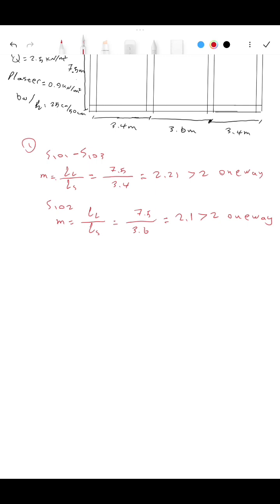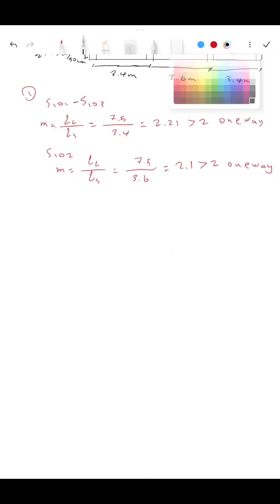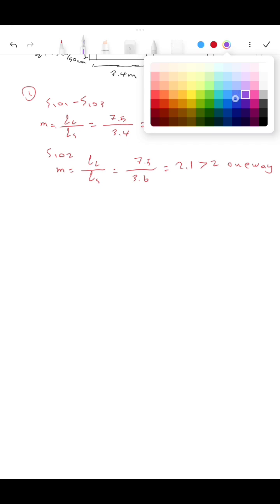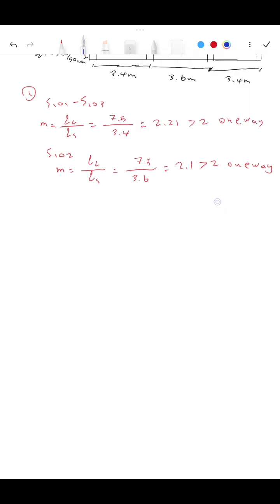Okay, what does it mean, one way? Something beside the explanation. One way it means, let's read this color, this is the slab we have. So this is the short and this is the long, right? So the steel that we will design the slab of will be laid like this, in the short direction.